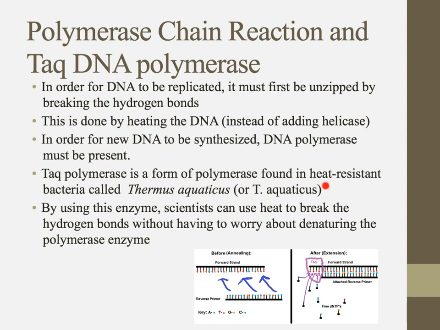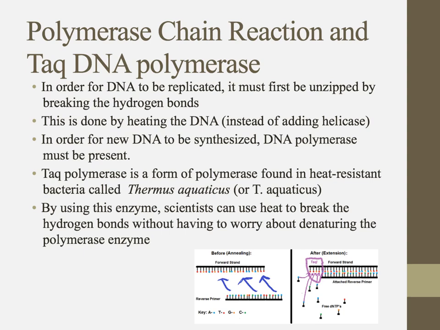If we were using human DNA polymerase, the heat necessary to separate the two strands would denature that enzyme. So we found a DNA polymerase that works the exact same way, but we found it in another organism. We found these really cool heat-resistant bacteria called thermophiles. They live in these really hot areas, and so their enzymes have different optimal temperatures.